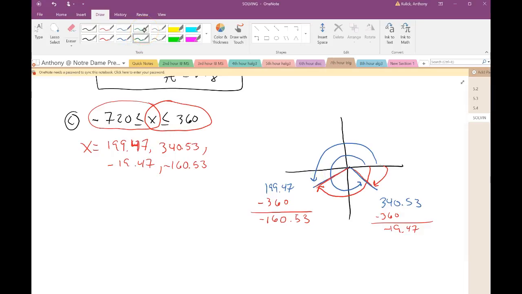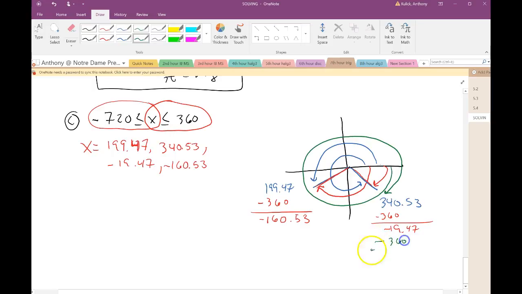But I know since we're going all the way out to -720, I can go around twice on this. So I can do that. So how do I get that answer? I just subtract 360 again.